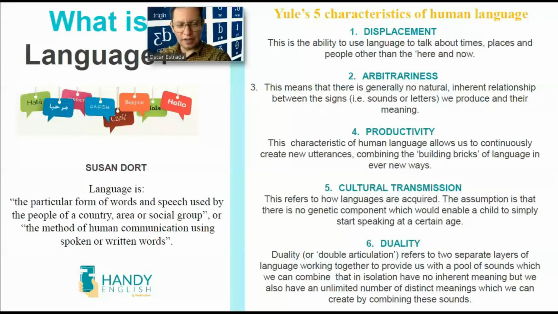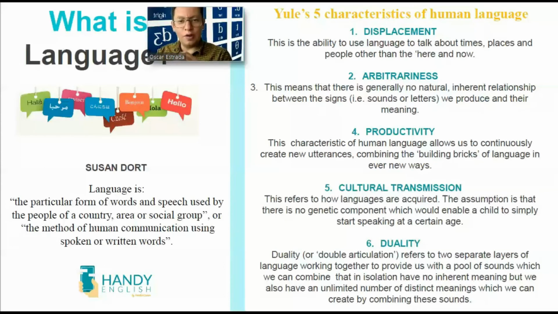Finally, the last characteristic of human language, according to George Yule, is duality. Duality is also called double articulation. It refers to two separate layers of language working together. It provides us with a pool of sounds which we can combine. If we had them in isolation, they would not give any meaning.